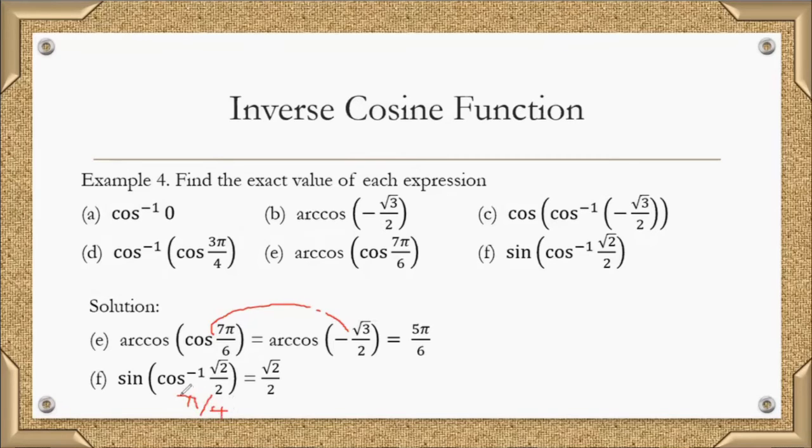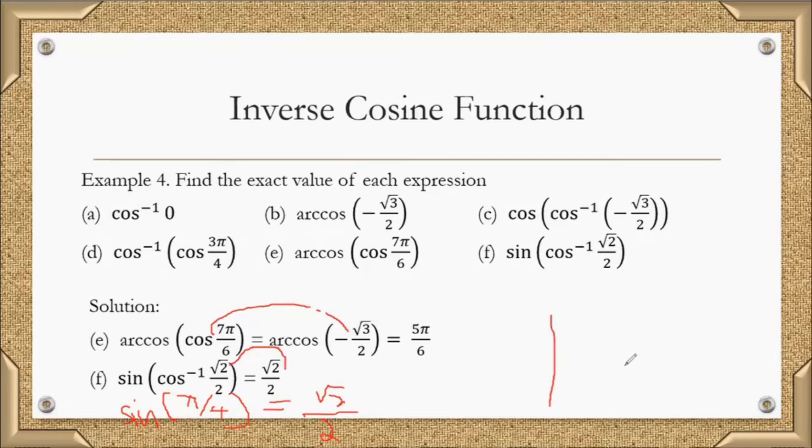Eh, siyempre, pag kinuha mo ang value ng sine pi over 4 or sine 45, the same lang yan sa square root of 2 over 2. Kaya pwede silang maging equal value. Mapapansin mo parehas lang.